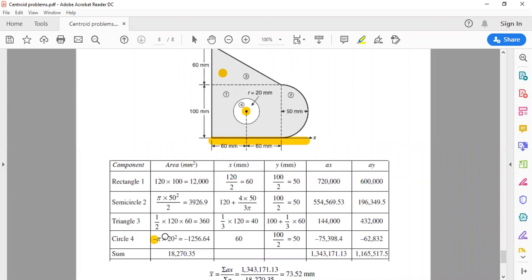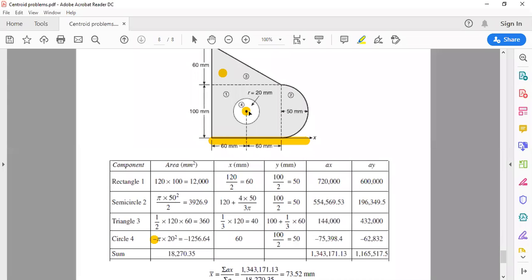So always we should keep one thing in mind: whenever there are deductions, the area of that specific figure is to be written with the negative sign. So it is minus pi r square, where the radius of the circle is 20 mm. So it is minus pi into 20 square.